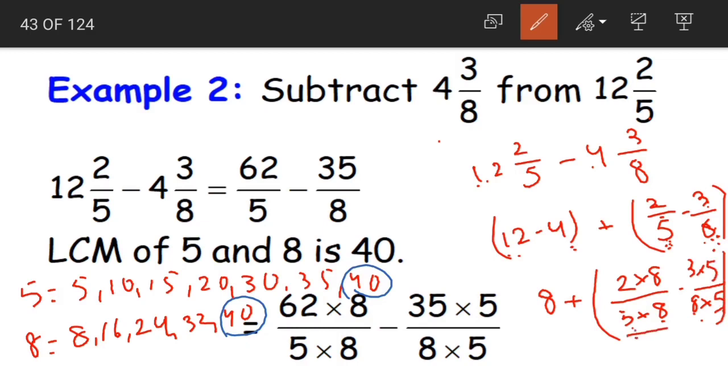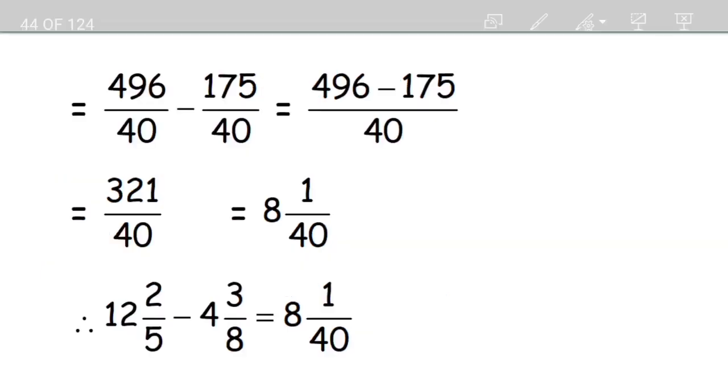Even here we will get 5 8s are 40. Now again 8 plus, what is this? 2 into 8 is 16 by 5 8s are 40, minus 3 into 5 is 15 by 8 5s are 40. 16 by 40 minus 15 by 40.